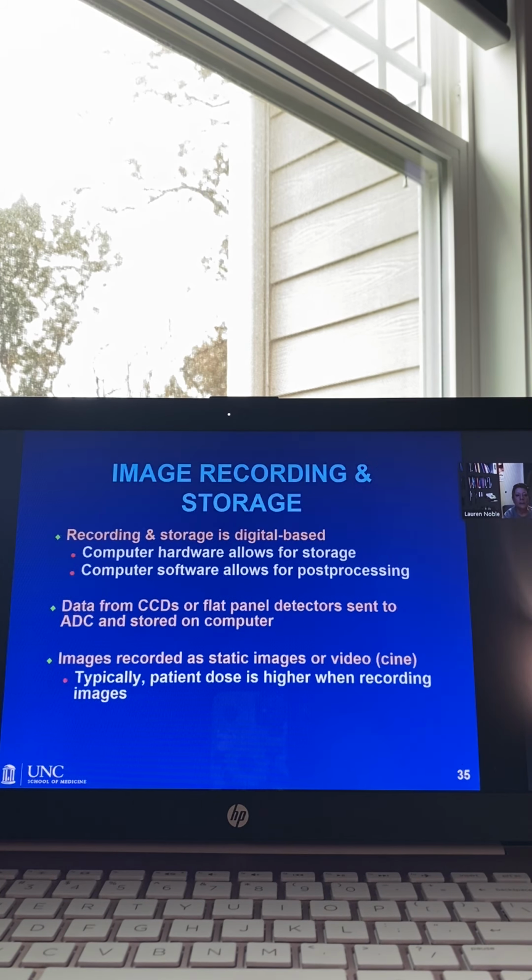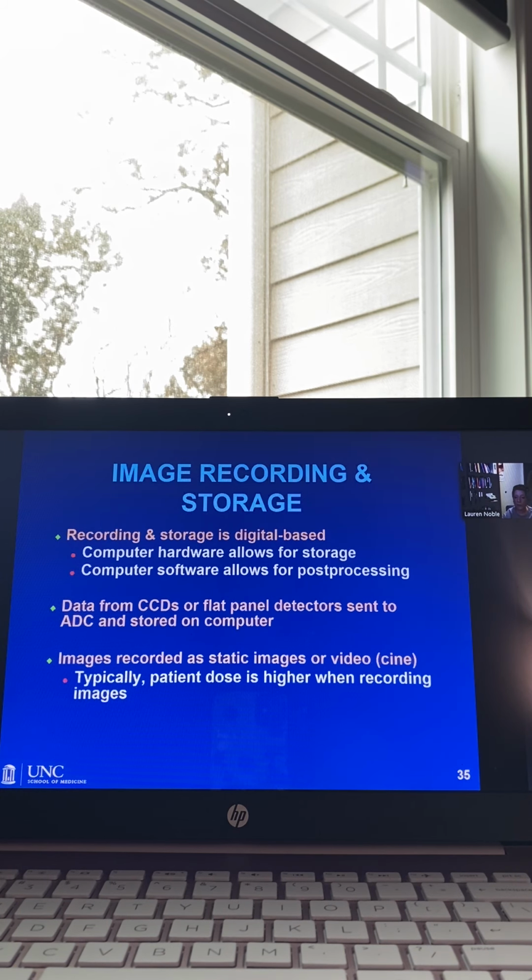All righty. Let's just hit image recording and storage, and then we'll take a break, because then essentially all we have to go over are Code of Federal Regulation type of stuff. Image recording and storage nowadays is digital based. We have computer hardware attached to the system. We do down in the lab because we have that CCD chip built into our system, so we can store the images on computer. With the flat panel detectors, those newer fluoro systems, the same thing. They are digital systems. Computers will store information.